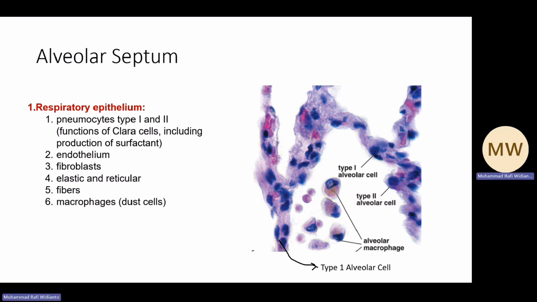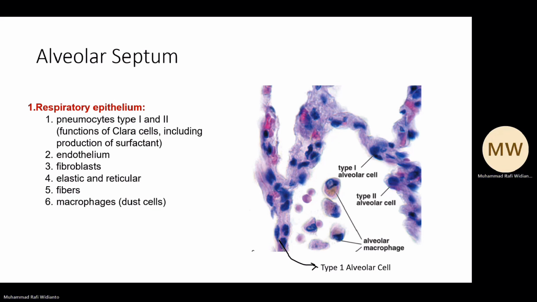And then we can also talk about the endothelium, which is another layer. And it's also important to note that the capillaries in the alveolar septum are continuous. Again, they're continuous. Fibroblasts are present there too, along with myofibroblasts.